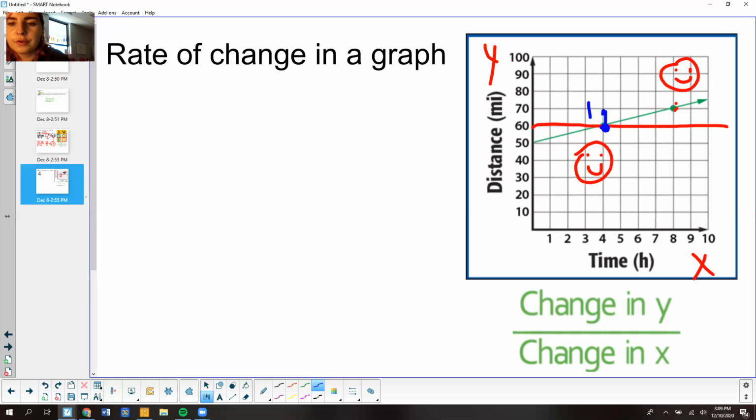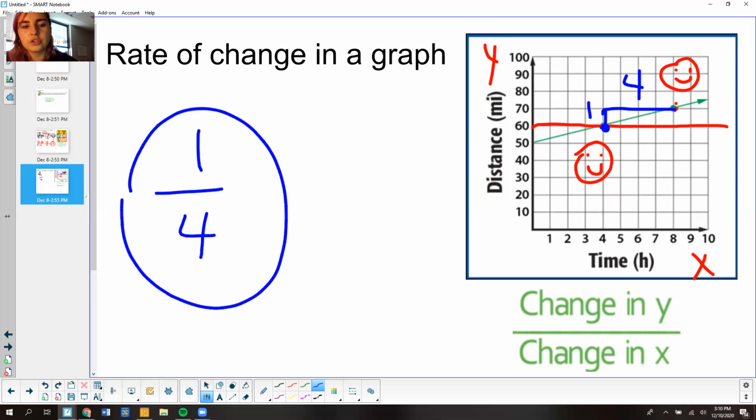Then I'm going to go over 1, 2, 3, 4. So I go up 1 floor and over 4 rooms. We could say elevator ride, step to the side. And that is your rate of change. Your change in y was 1. Your change in x, your horizontal shift, was 4. So your rate of change was 1/4.